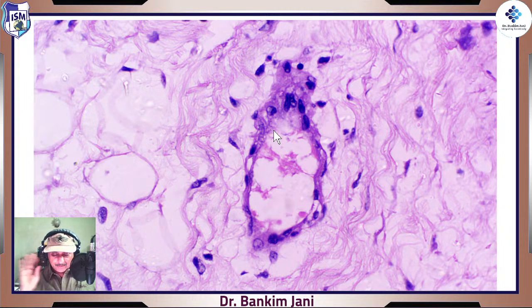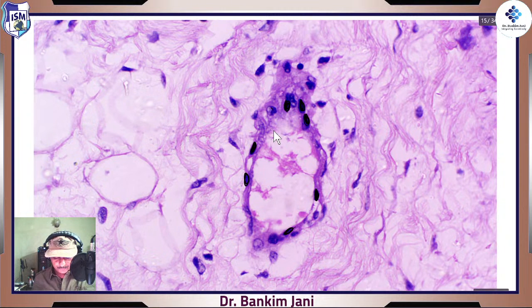But one thing is very clear: can you look at the shape of these nuclei? They are dark stained and they are flat. I'm drawing it, then I'll erase it, just to see. They are flat, correct?